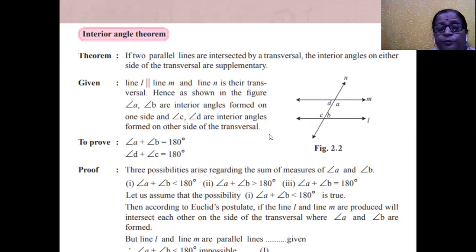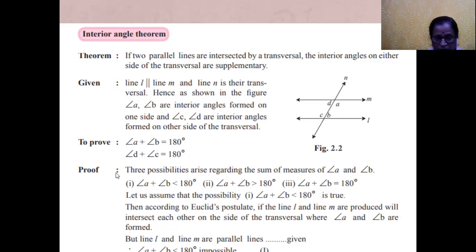Then what do we have to prove? Angle A plus angle B is equal to 180, means supplementary, and angle D plus angle C is equal to 180, which is also supplementary.